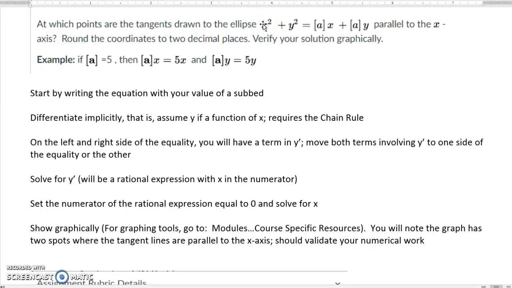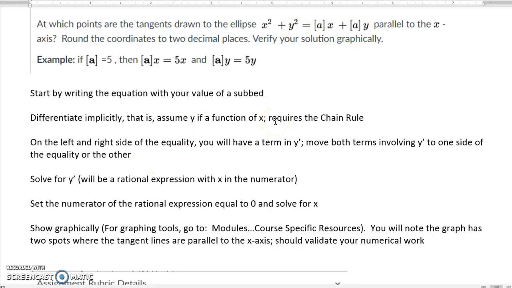And so the way that you're going to differentiate this is you're going to differentiate it implicitly, and that's what we've done this week in our lesson. And again, that assumes that the variable y here simply represents a function of x. So you see it both on the left and right side of the equation. So you'll be differentiating this implicitly in this term as well.